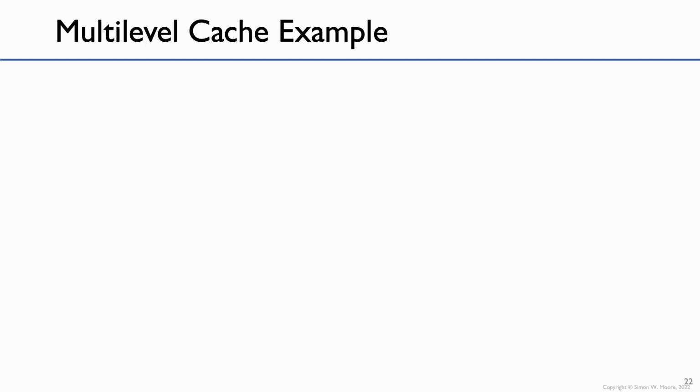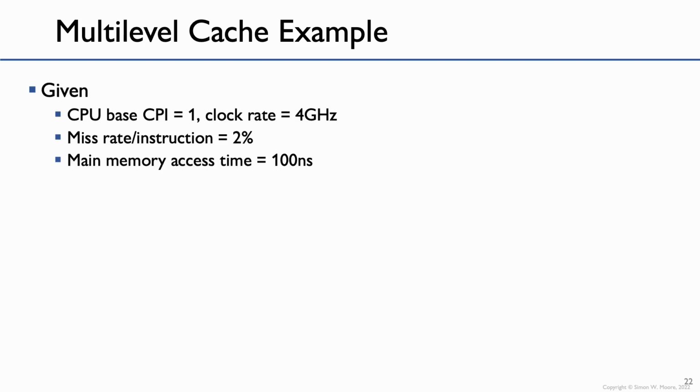Let's have a look at an example multi-level cache to see how effective multi-level caching can be. So imagine we've got a processor with a CPI of 1, which is fairly modest for a high-end processor, and say the clock rate is 4 gigahertz. We had a miss rate per instruction of about 2%, and the main memory access time was 100 nanoseconds.